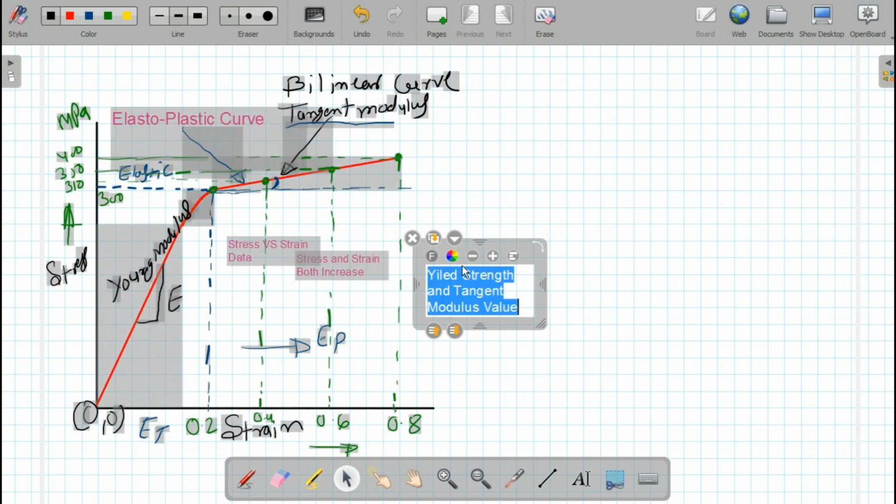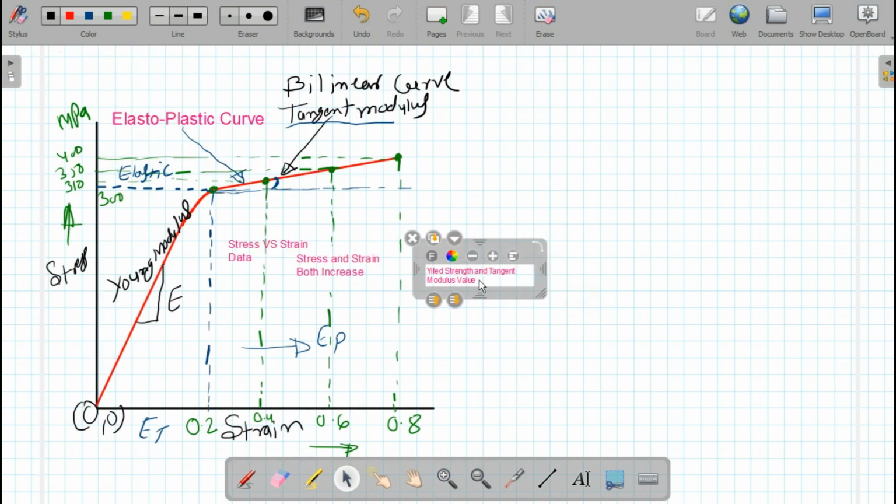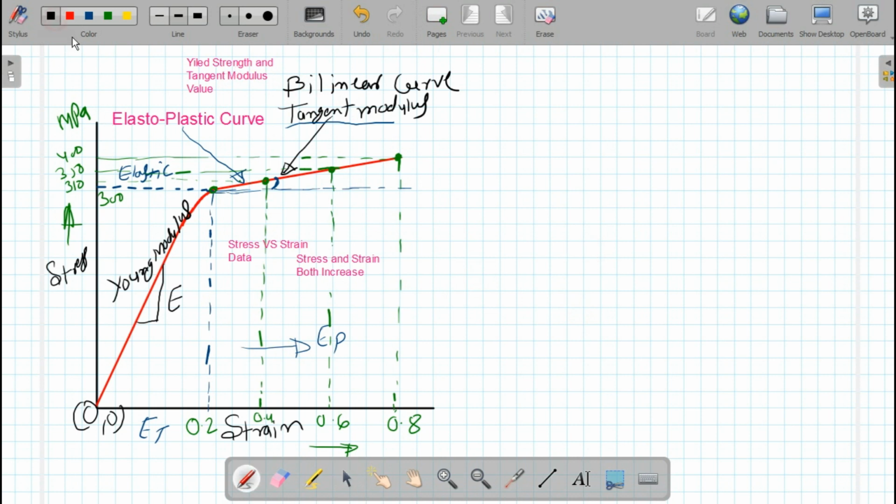So you need this value. Okay, in case of bilinear, in case of ANSYS. Okay, so now coming to the loading and unloading, what happens?